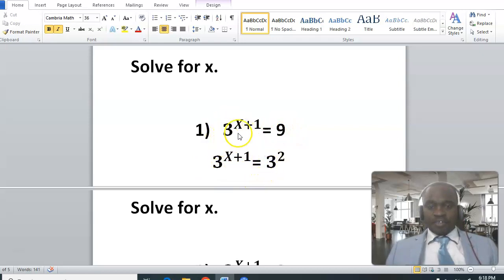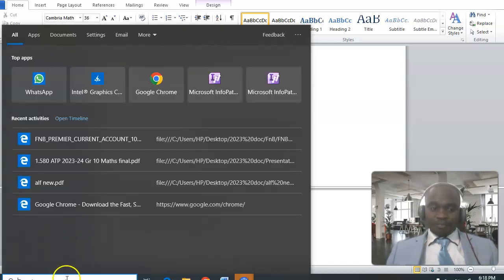So the base of this one is what? 3. You've already done exponents, so you know the difference between the base and the exponent. So the base of this is 3, so we have to change this one to have the same base. So how do you change it? You can use your calculator.